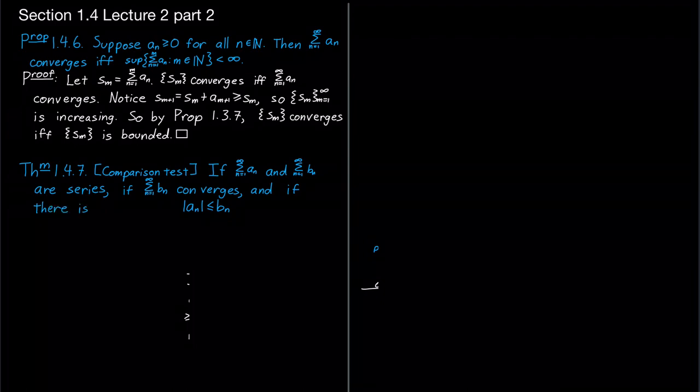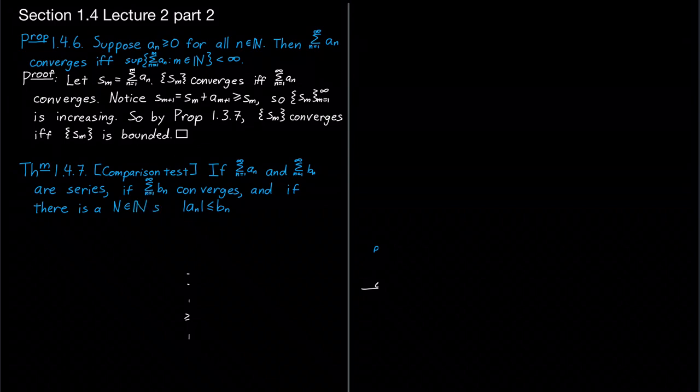So there is a natural number N such that a_n is less than b_n for all n bigger than big N.